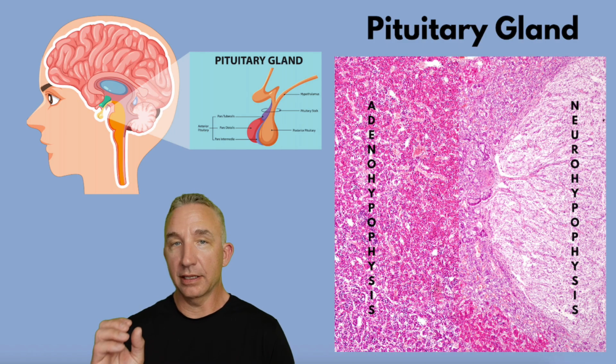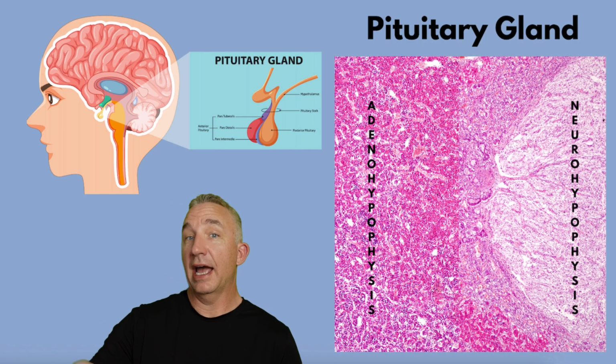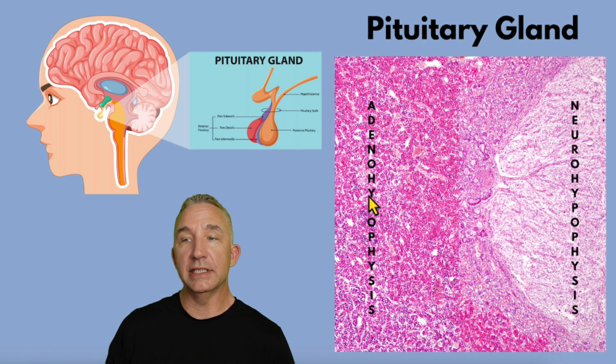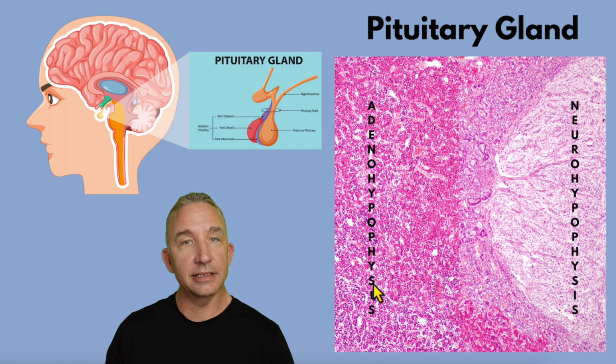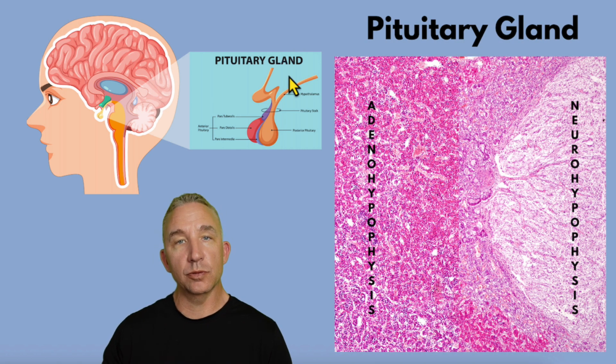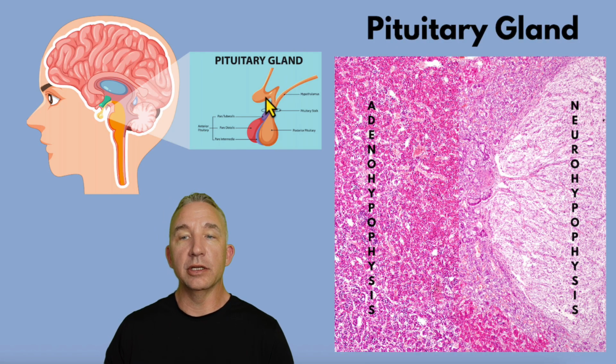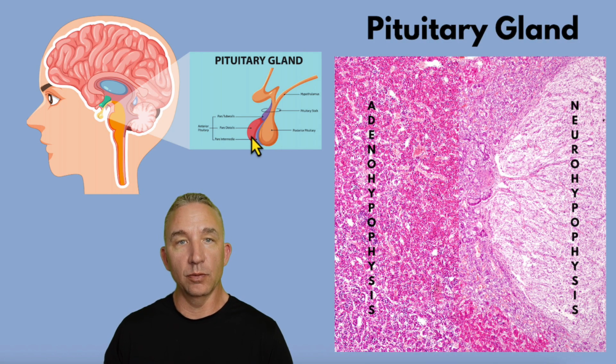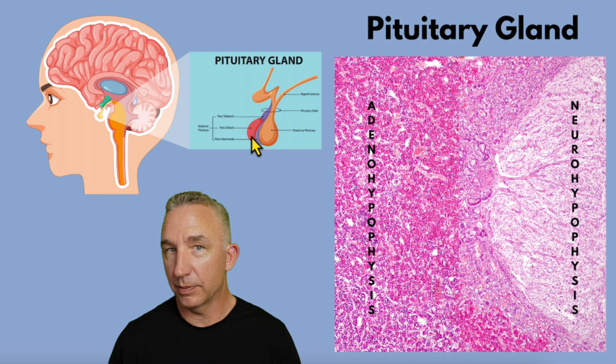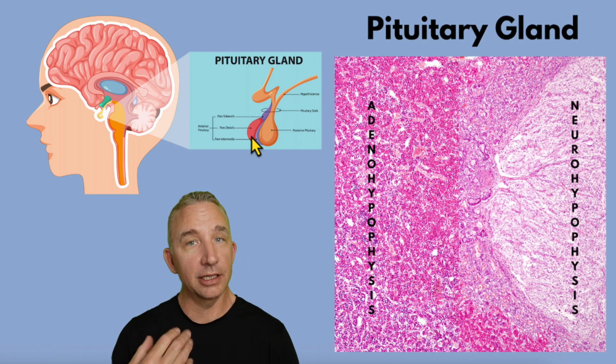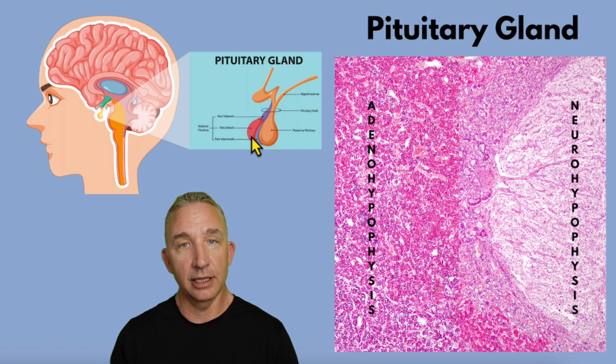I remember that the letter A is in anterior and adenohypophysis. So adenohypophysis is the anterior pituitary. It has direct control from the hypothalamus through regulatory hormones. When you look at the anterior pituitary, we'll look at some of the hormones that are secreted, but they have a cascade effect, a lot to do with reproduction and then growth.